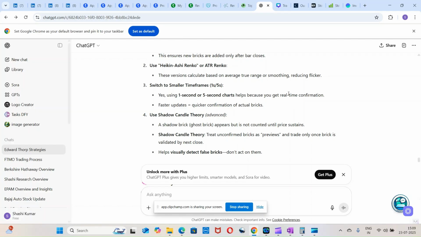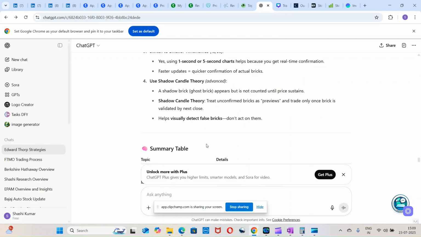We should not count it until that brick is formed or price sustains. So treat these unconfirmed bricks as previews only, not as real bricks, and trade only once the brick is validated by the next close.